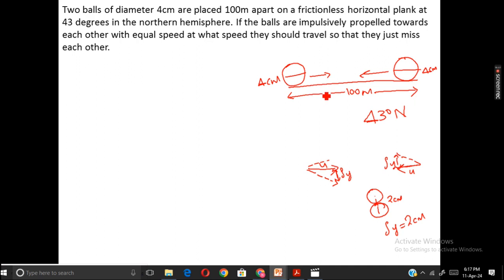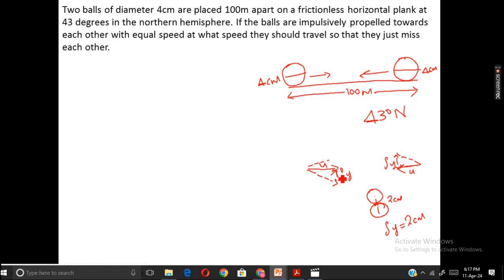Now, because this is happening on the rotating earth, when an object is moving with a velocity, it will experience the Coriolis force and deviate from its initial path. The Coriolis force will always act perpendicular to the direction of motion. Here the ball is moving in the x direction, so the deviation will be in the y direction. Delta y will be the deviation happening to both the balls.